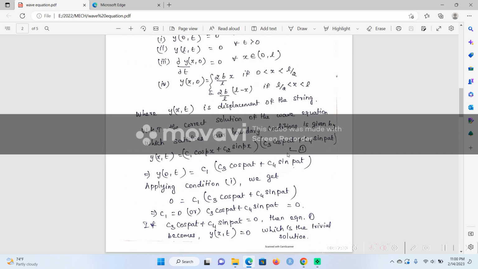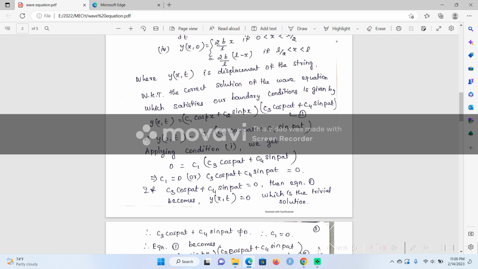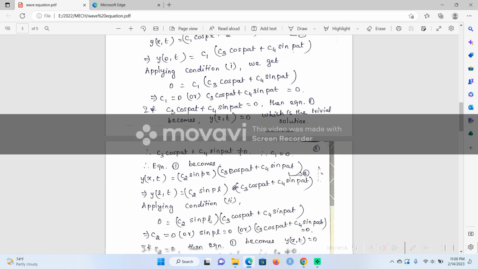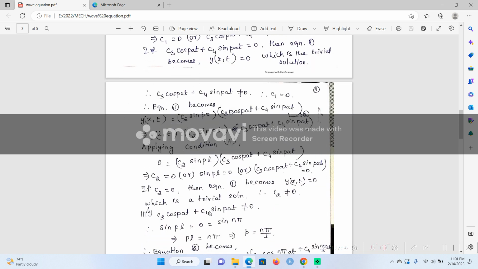As usual, if C2 is equal to 0, already we fixed C1 is 0. So if C2 is also 0, then if we substitute in equation 1, we get this total term will be 0. So again we get y of x comma t will be 0 into anything. So you get y of x comma t will be 0, which is a trivial solution.